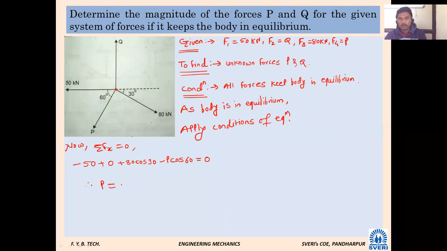I am waiting for your answer. Rutuja Kavde, are you in the room? What is the answer?